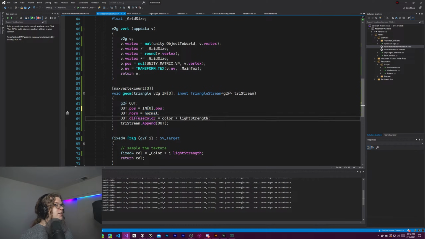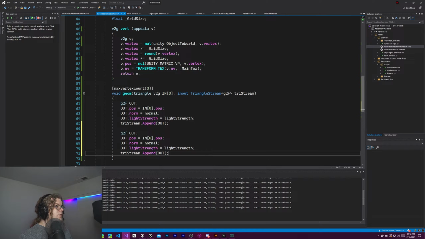So basically what we need to do, we have light strength, which we're going to need to calculate. That's going to be a dot product, and we can do that once we have everything else. But that is pretty much everything we need. So we need to calculate a normal, and we need to calculate a light strength. Those are going to be the same for all these.